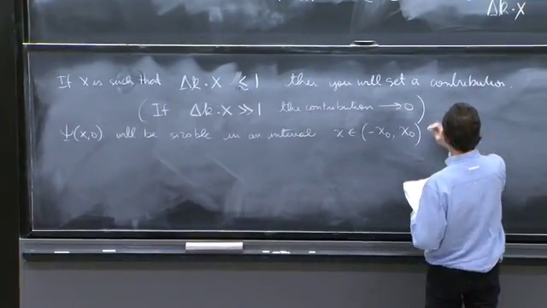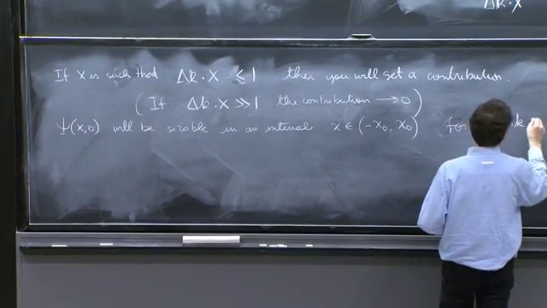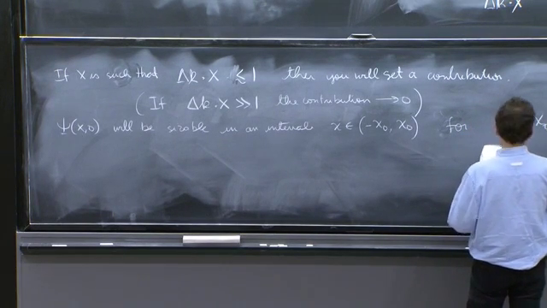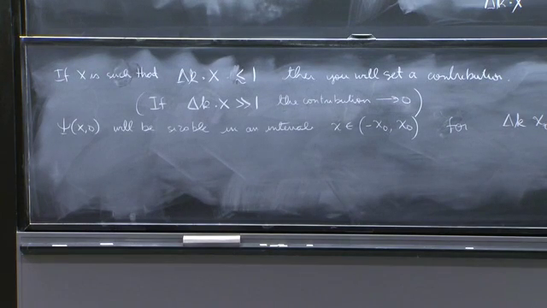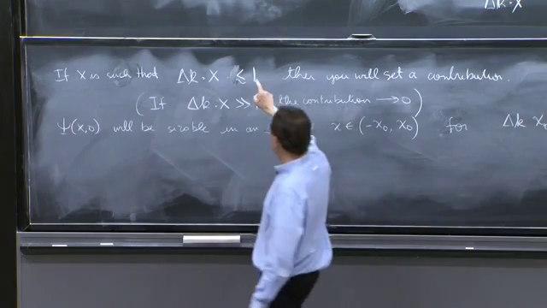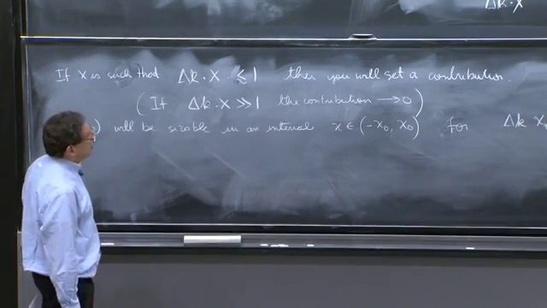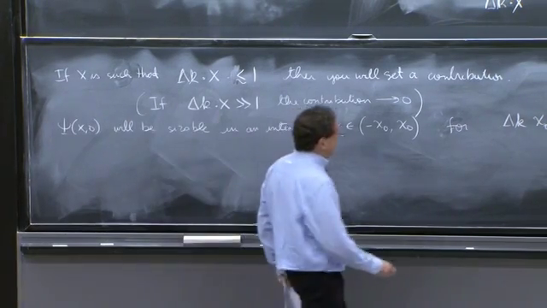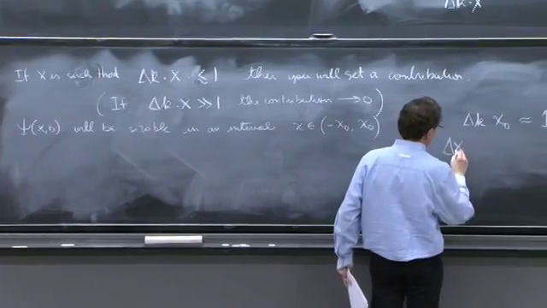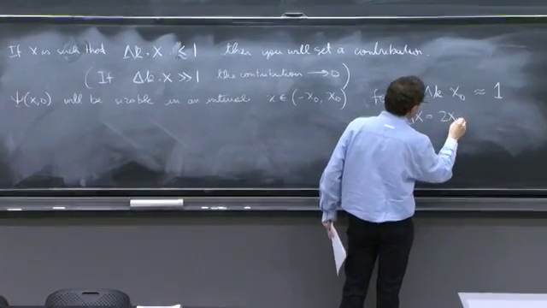If delta k times x0 is roughly, say, of value 1, we had this, and therefore the uncertainty in x would be given by 2x0.